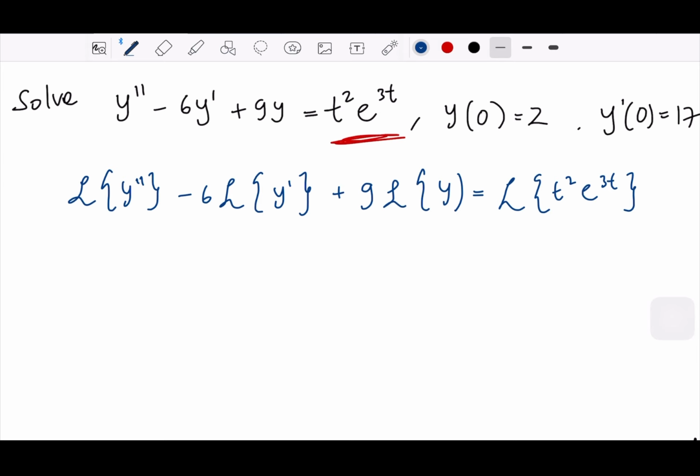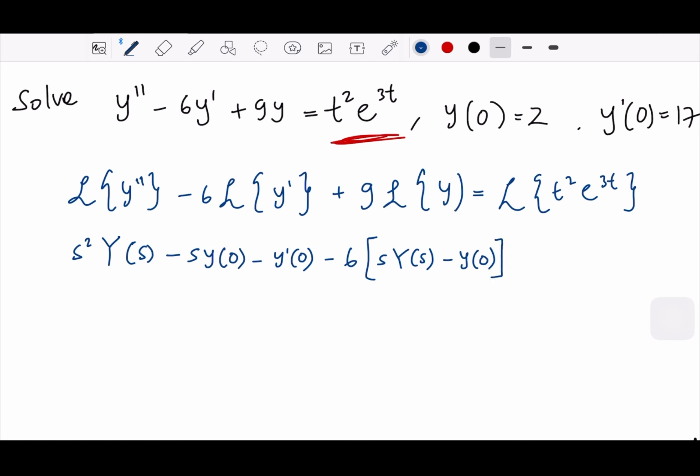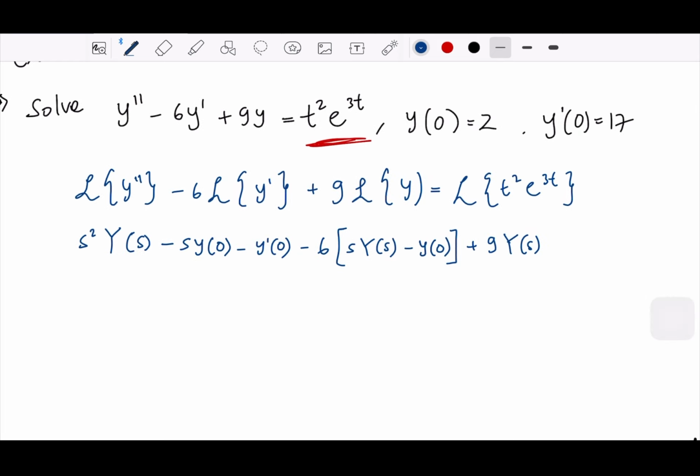Okay. So y double prime becomes s squared capital Y minus s y of 0 minus y prime of 0, and then minus 6, and then y prime becomes, let me use brackets to make it more organized, (Y s minus y of 0), and then plus 9 capital Y of s and then equal.